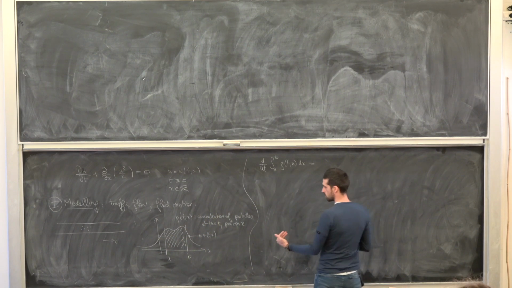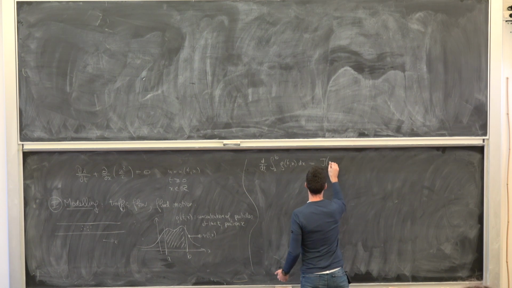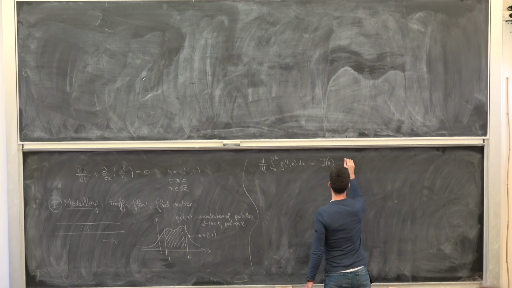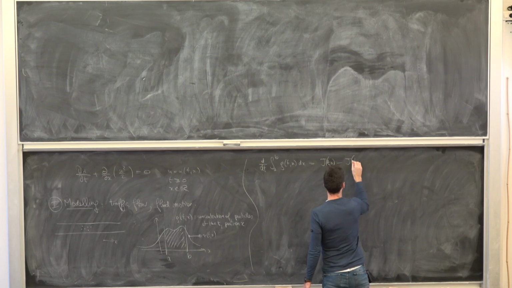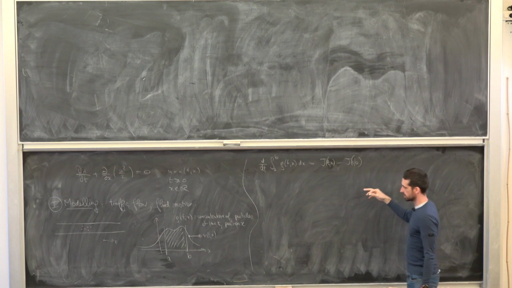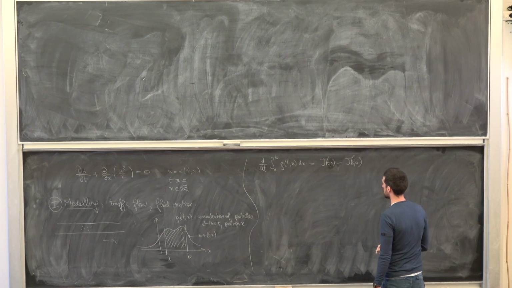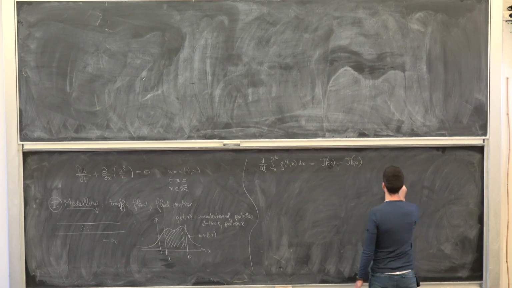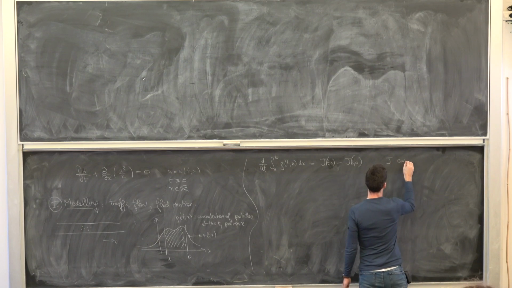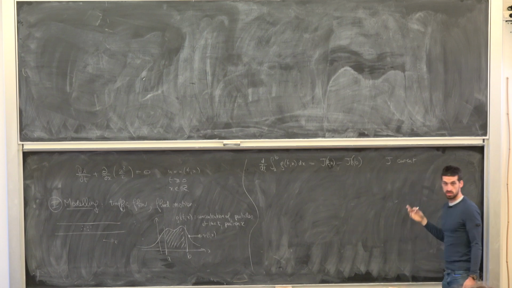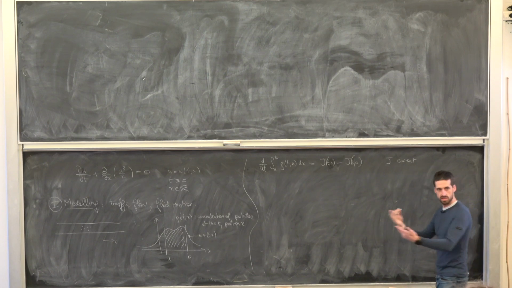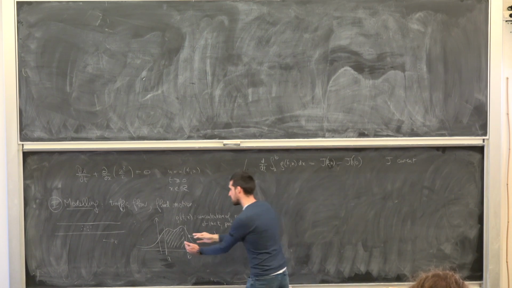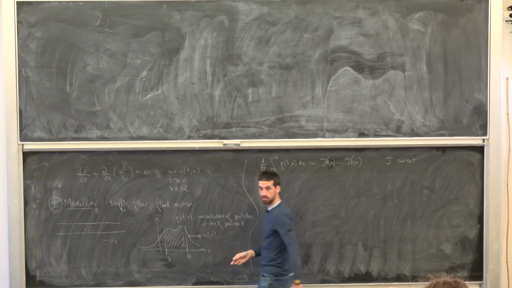What's entering you call J of a, and what's going out from b you call J of b, and here J is a physical quantity, the current, defined exactly like I said. It's just telling you how much is exiting or entering from both sides.